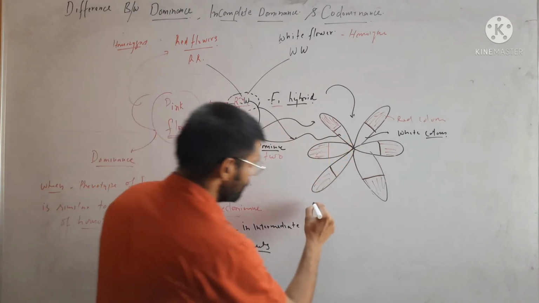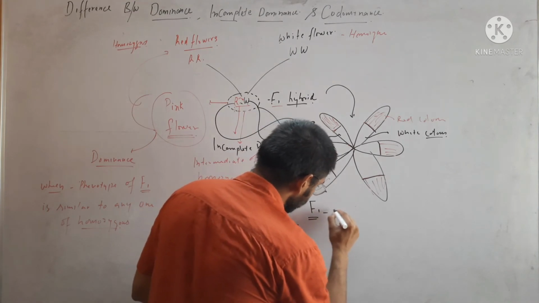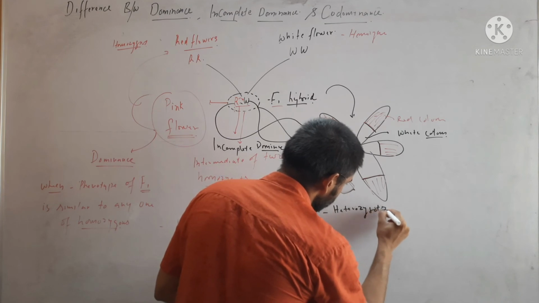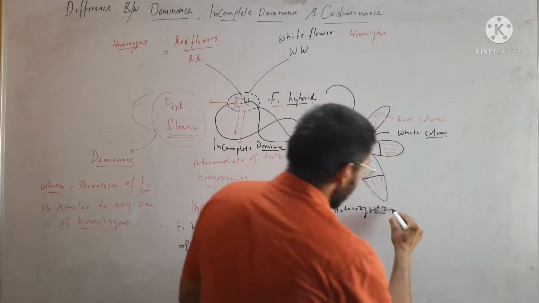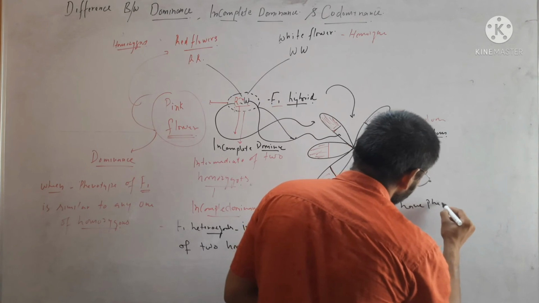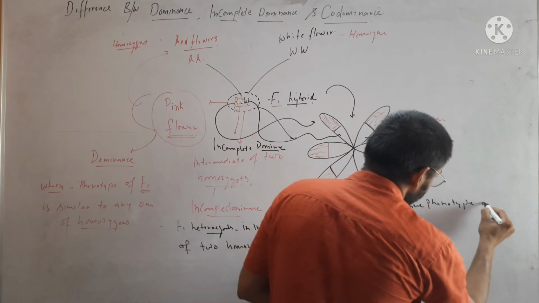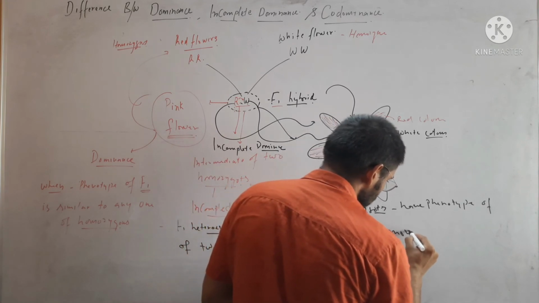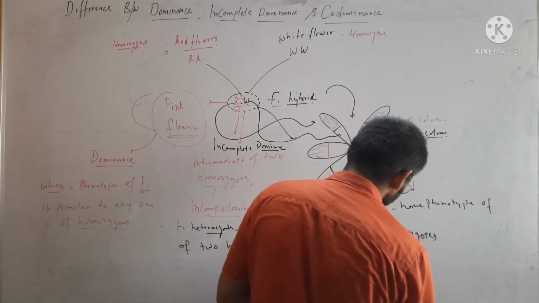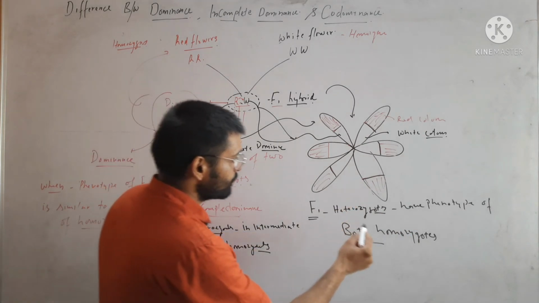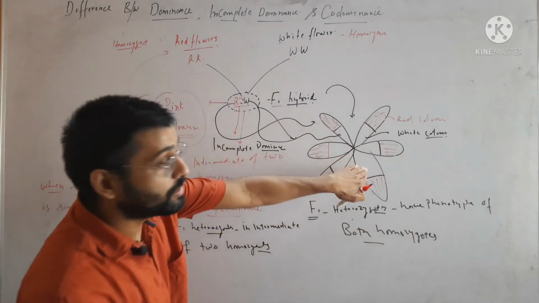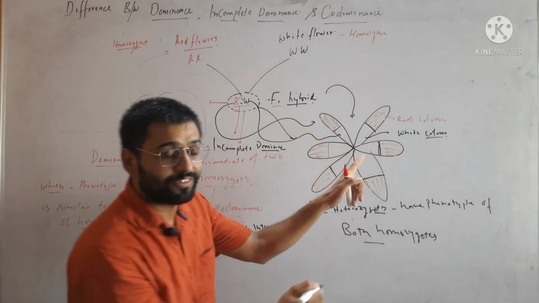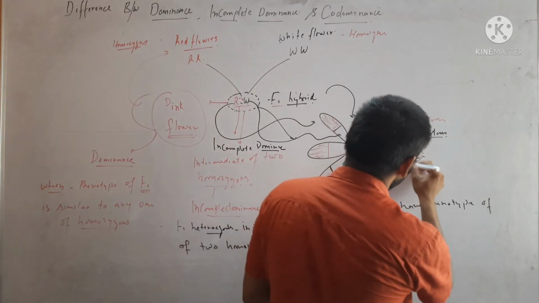So here the F1 heterozygote has the phenotype of both homozygotes. We can see that this F1 has the phenotype of both homozygotes. It has red colored petals and white petals, half red, half white.